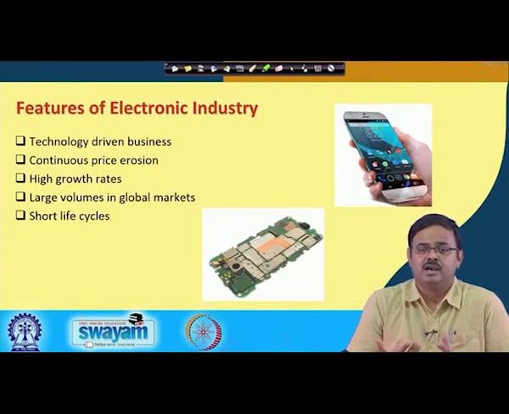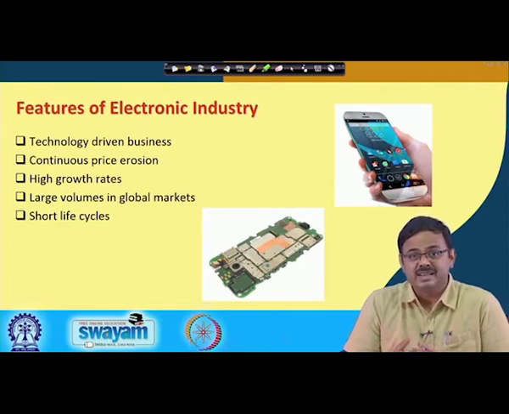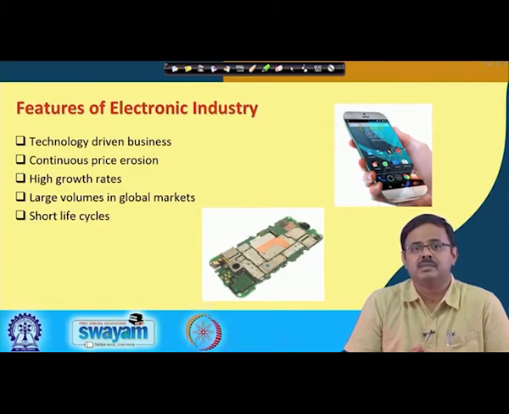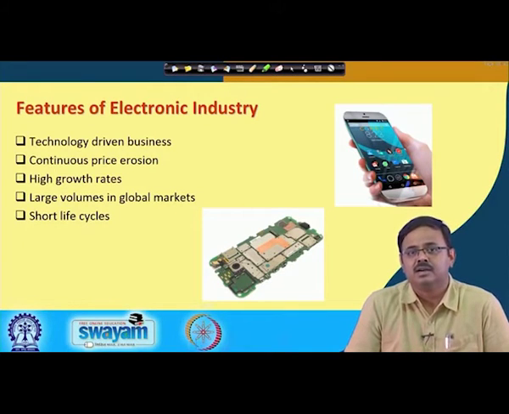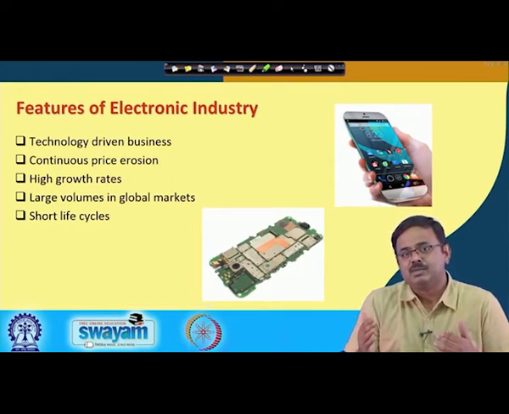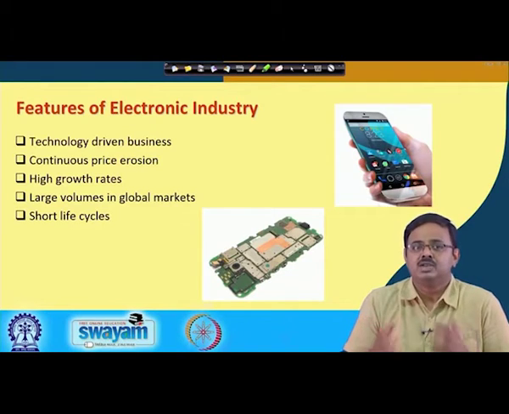I would say most people change their phones every 3 to 5 years today. Do they really need to change? May or may not. Probably it's not so critical, but they do change. TVs, yeah, maybe that lifespan is slightly more, but still not very long. So the life cycles are very short for most consumer electronics.